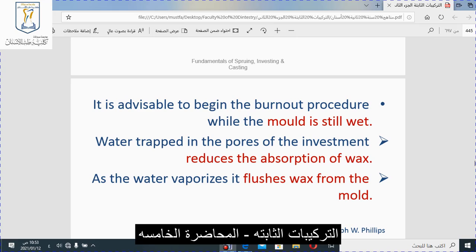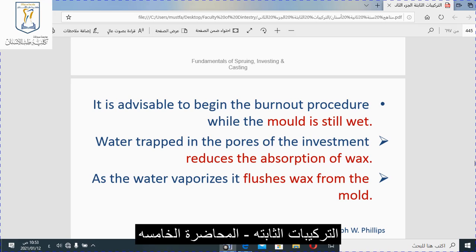It will make the cast suffer back pressure porosity, or it makes the cast rough. To prevent this problem, use a wet mold, so the water will flush, and as the water flushes, the air will escape through the pores or fins, which are kept open.